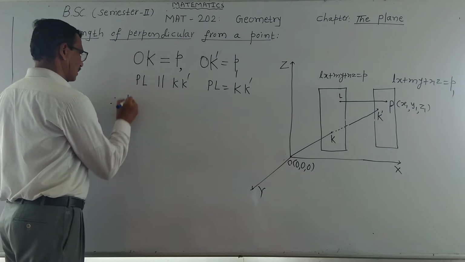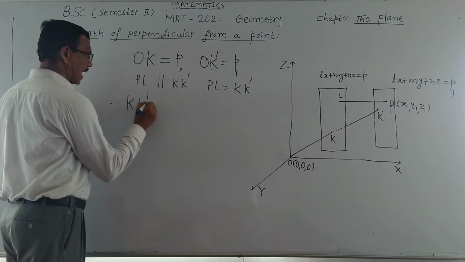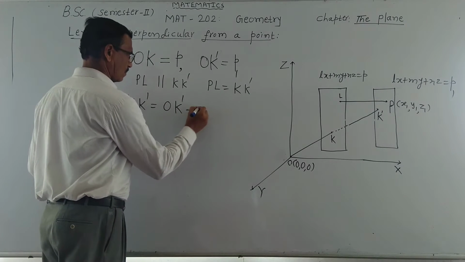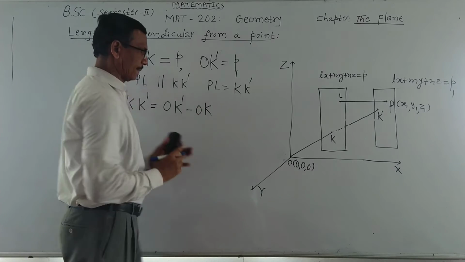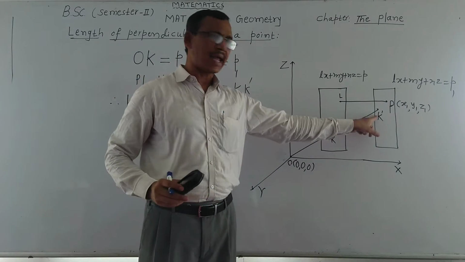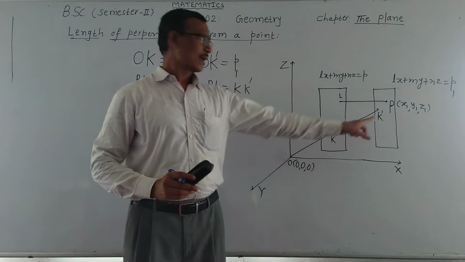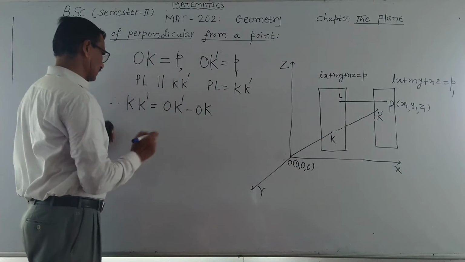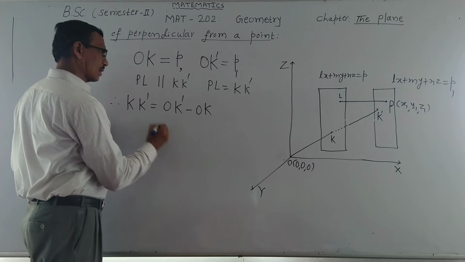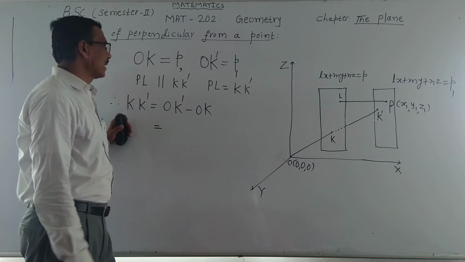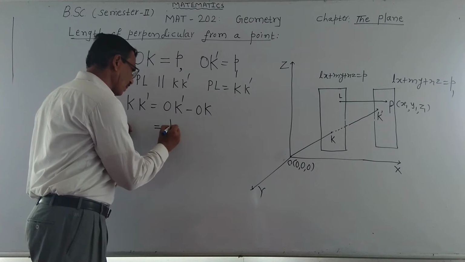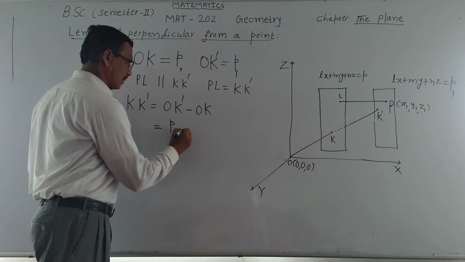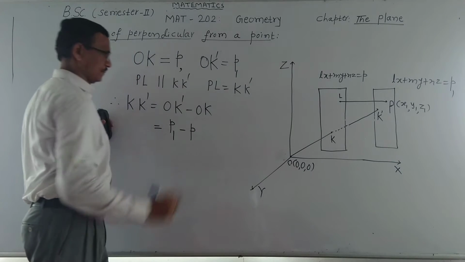And therefore KK dash is equal to OK dash minus OK. But OK is p and OK dash is p1, so this becomes p1 minus p.